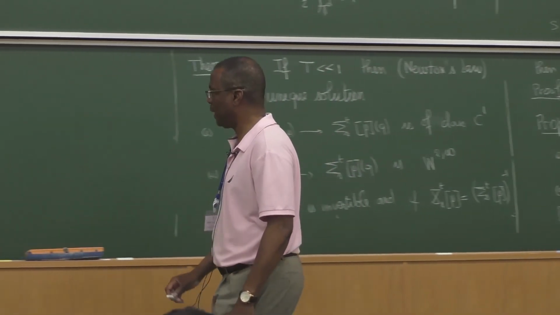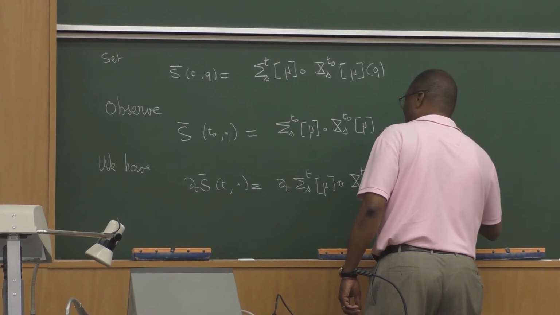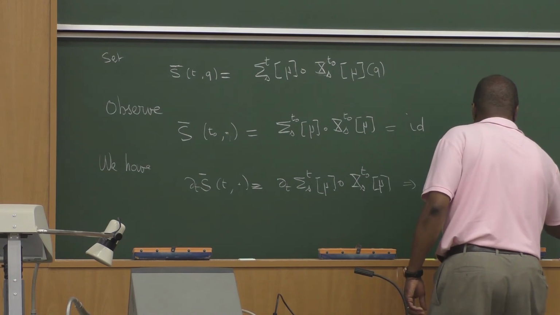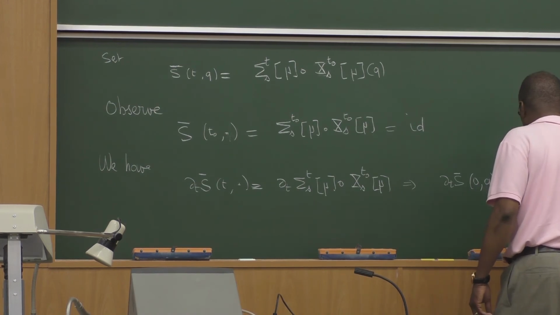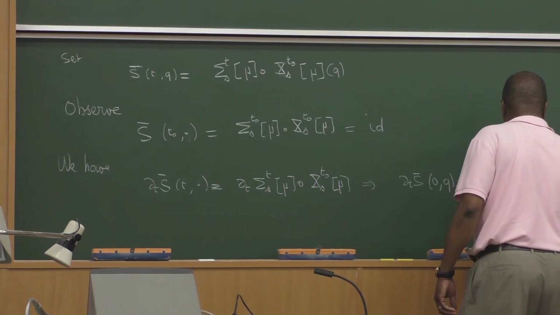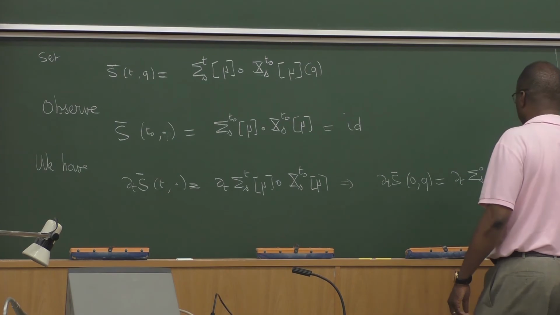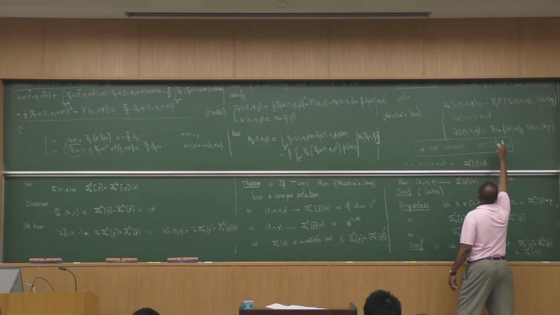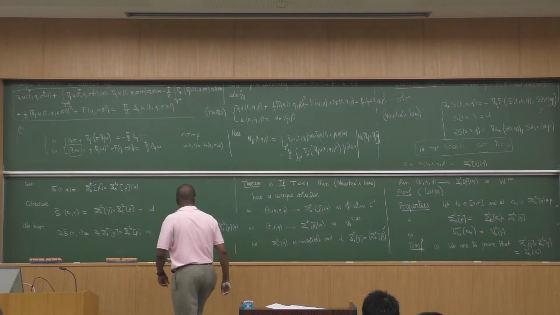Therefore, this implies that dt S bar 0 Q equals dt sigma S 0 mu, composed with S T naught mu applied to Q. But this is how the derivative of sigma at time 0 is defined.